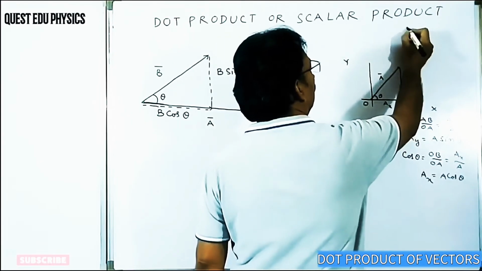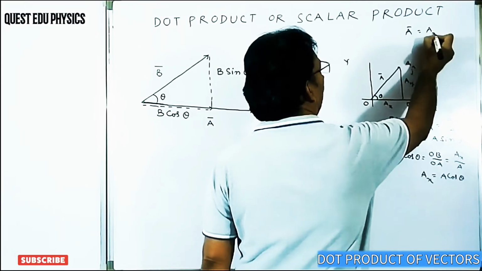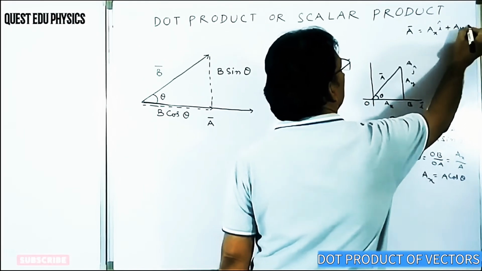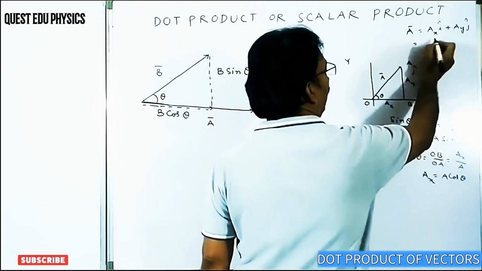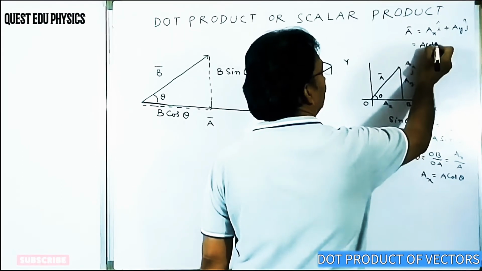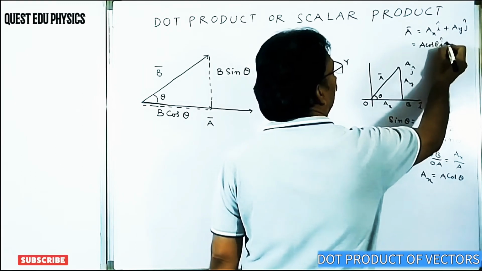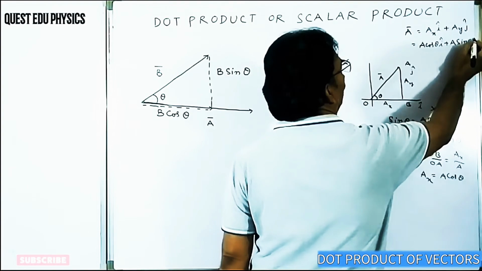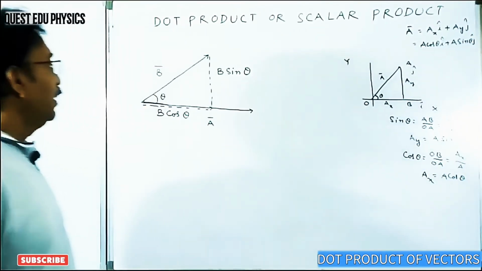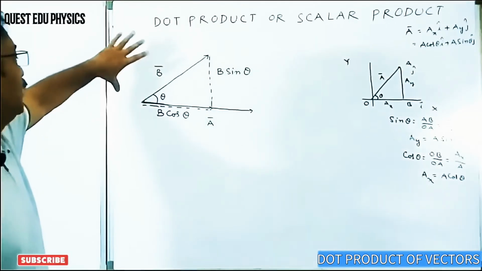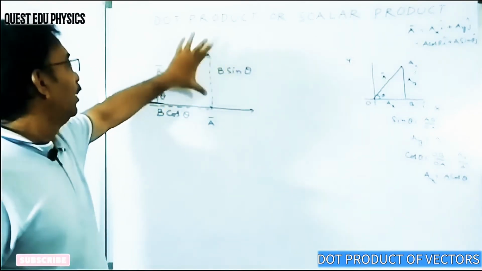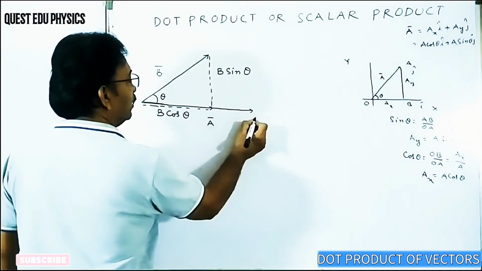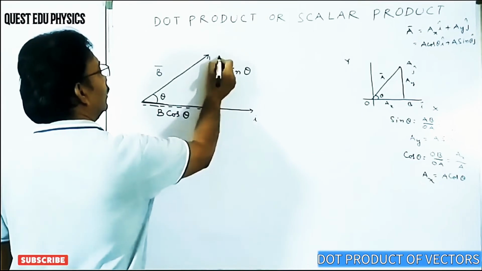That means A bar is equal to AX i cap plus AY j cap, or A cos theta i cap plus A sin theta j cap. Remember this. We are doing the same here. We resolve this vector B bar into two components, B cos theta and B sin theta, along i cap and j cap.